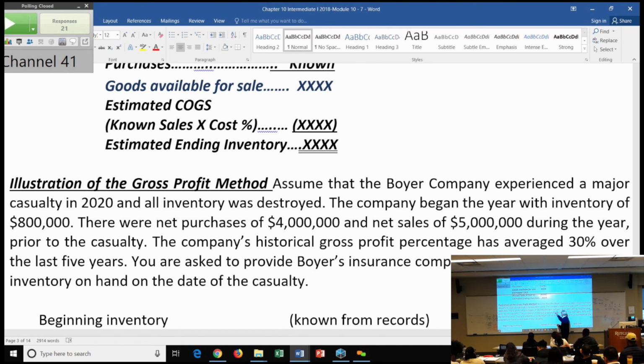Net sales of 5 million, which is net sales minus sales returns and allowances and sales discounts during the year. Historically, over the last 5 years, let's say the company's gross profit percentage or margin is 30%. That's the markup on selling price. We are asked to estimate ending inventory using the gross profit method.